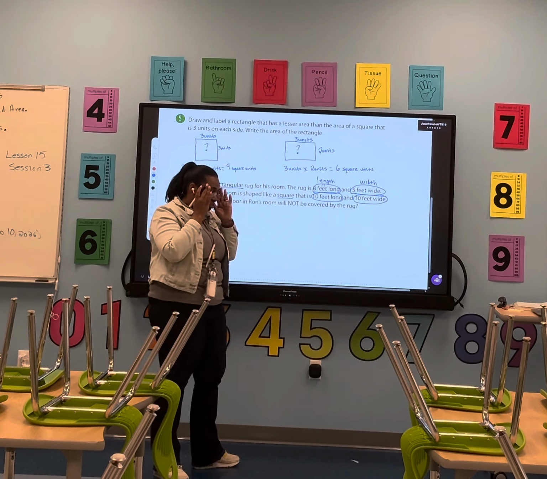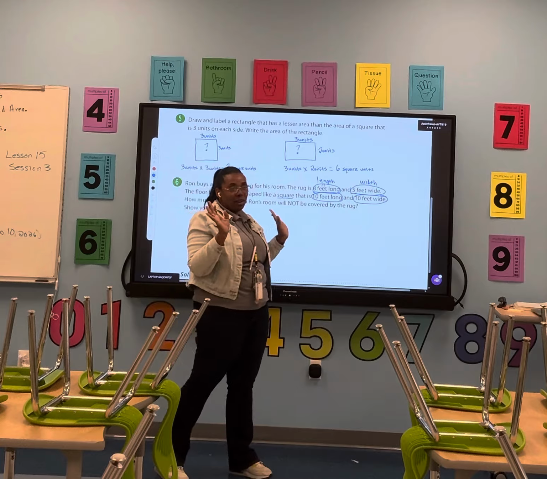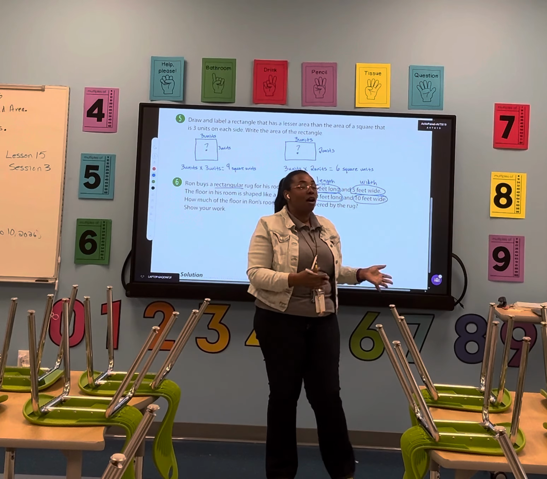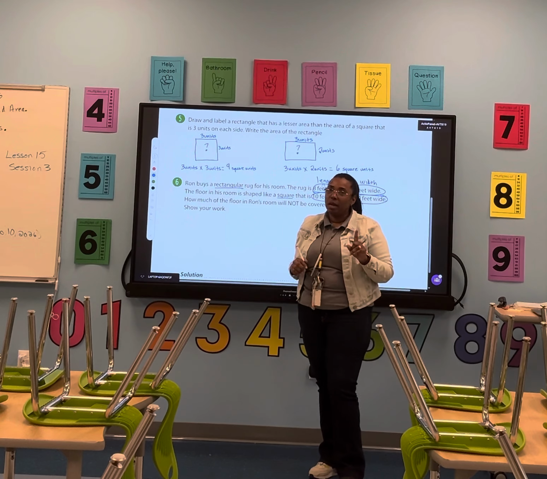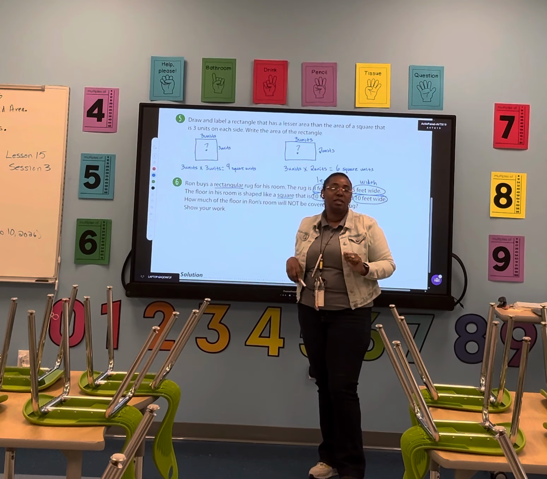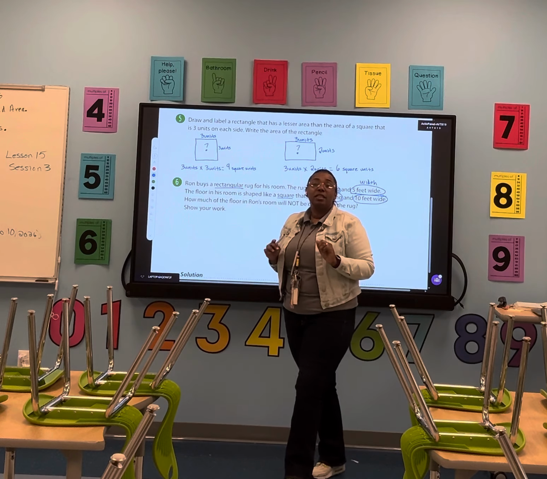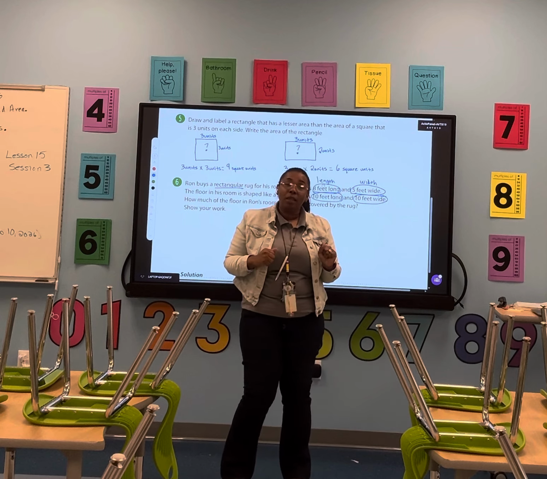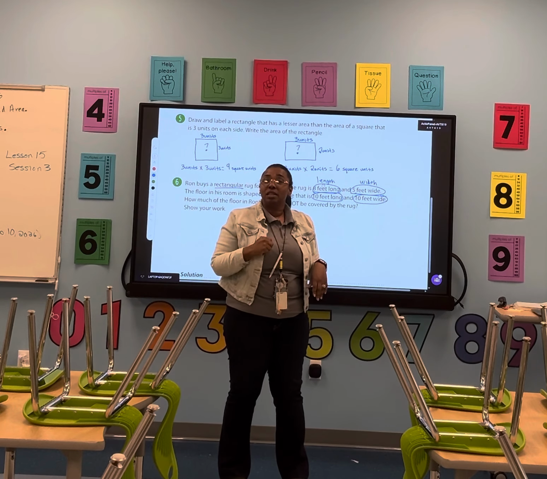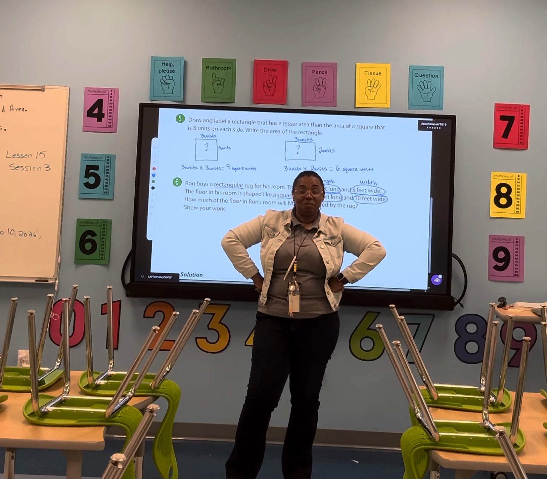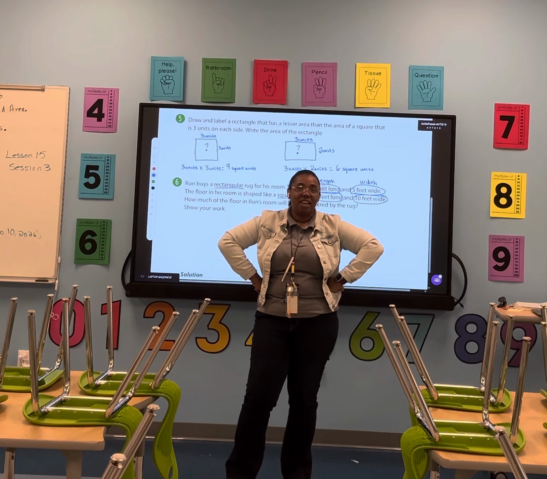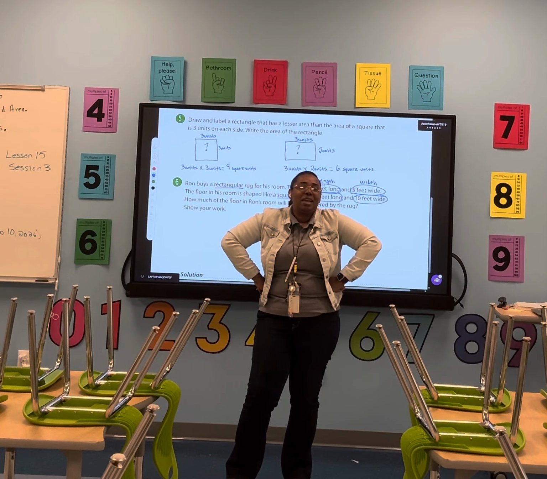Now, I know Ms. Newman has been telling you all this time when you get square, you only get 1 number because all sides are going to be the same. Well, guess what? They tried to trick us up. They gave us 2 numbers. But guess what they did with those 2 numbers? They made them the same number. So even though they gave us the 2 numbers, it's the same number.